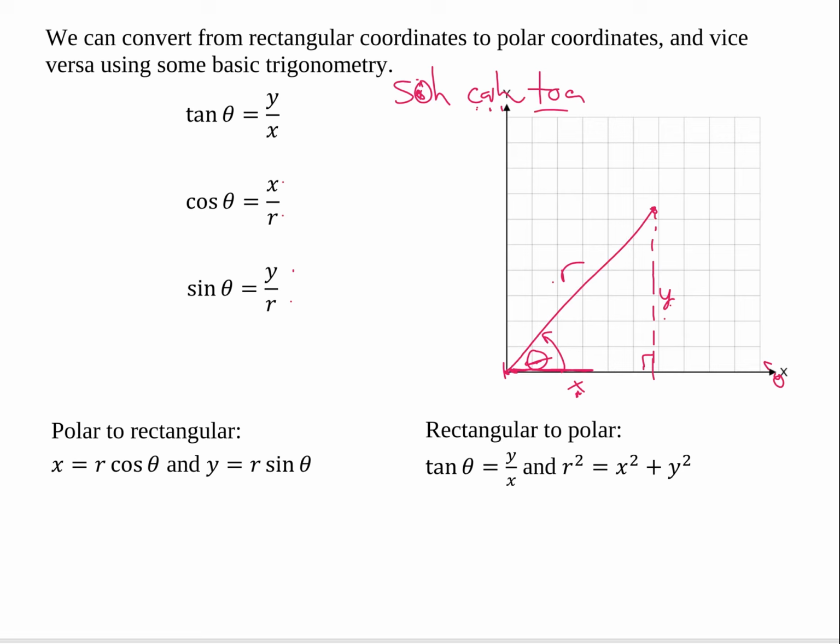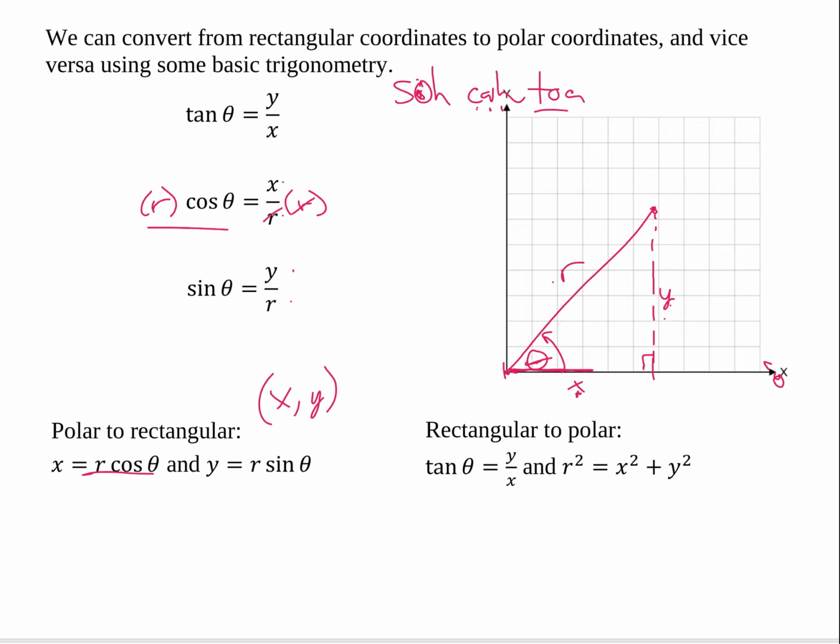Now to convert from polar to rectangular coordinates, the coordinates that we're looking for are x comma y. The x coordinate will come from r cosine theta. How come? Because if I take this equation and I solve for x, multiply both sides by r, then these r's are gone and you're left with just r cosine theta.